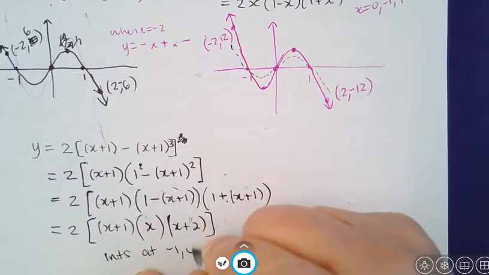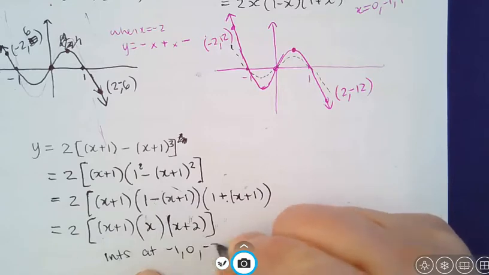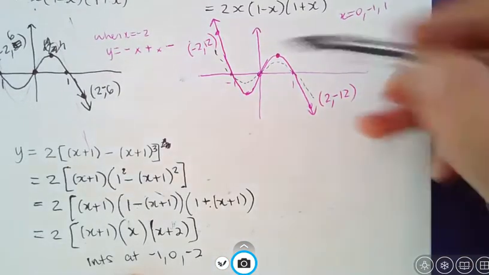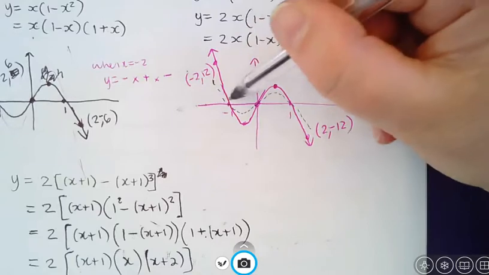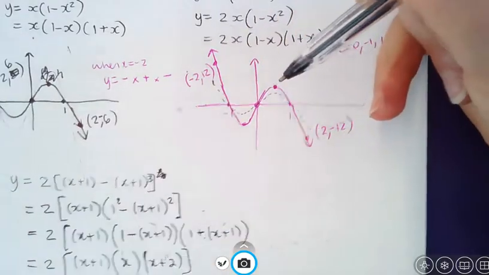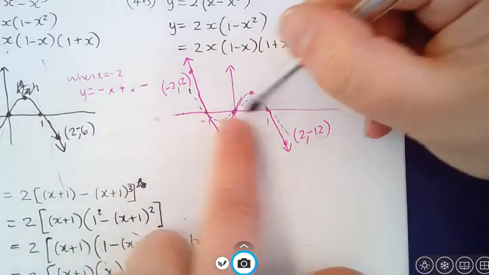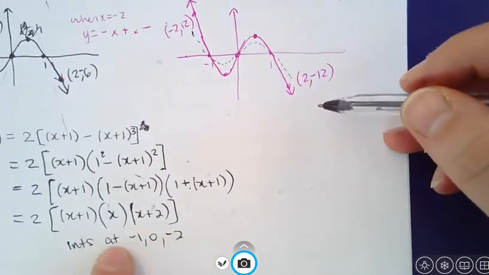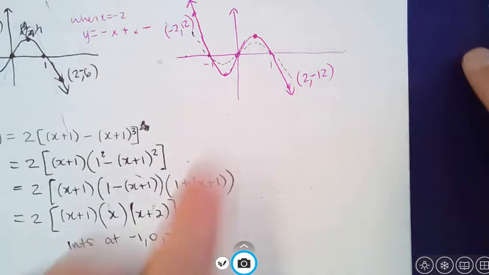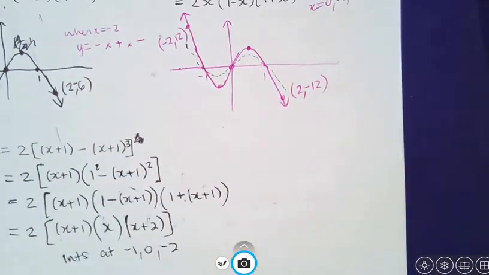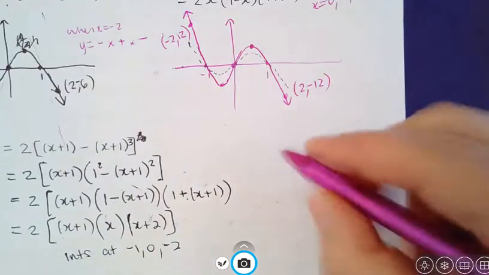Aren't they at negative 1, 0 and negative 2? So negative 2, negative 1 and 0. It did just get shifted 1 unit to the left. Instead of negative 1, 0, 1, they're now at negative 2, negative 1, 0. So it is just that graph shifted 1 unit to the left, as we thought. All right?